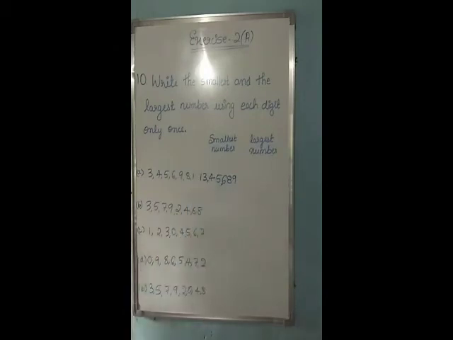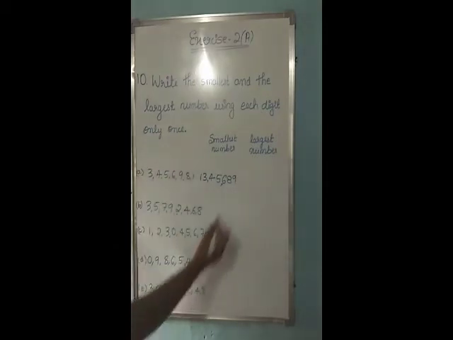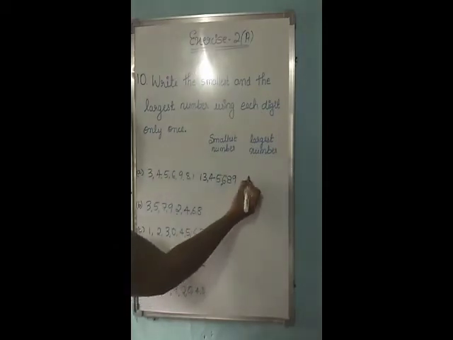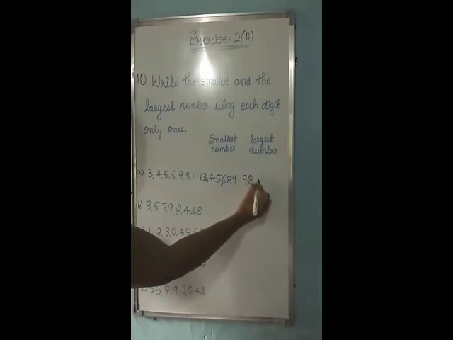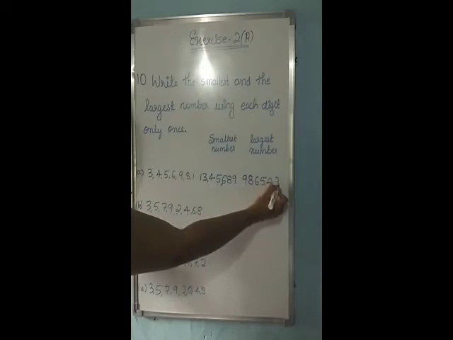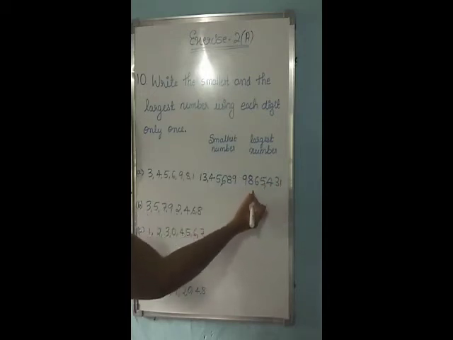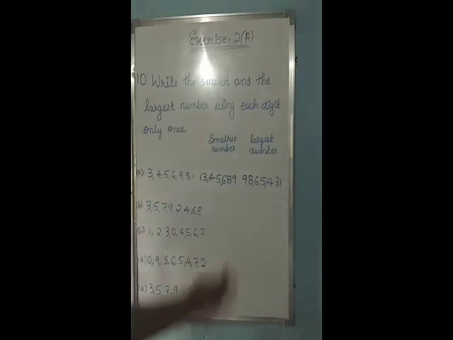So the smallest number is 13,45,689. Similarly, by arranging the given digits in descending order, we will get 9, 8, 6, 5, 4, 3, 1. So the largest number is 98,65,431.